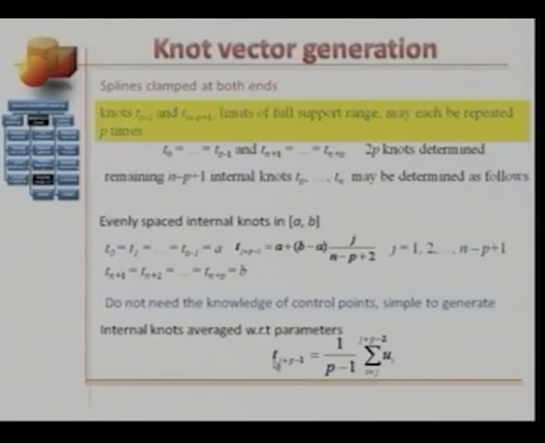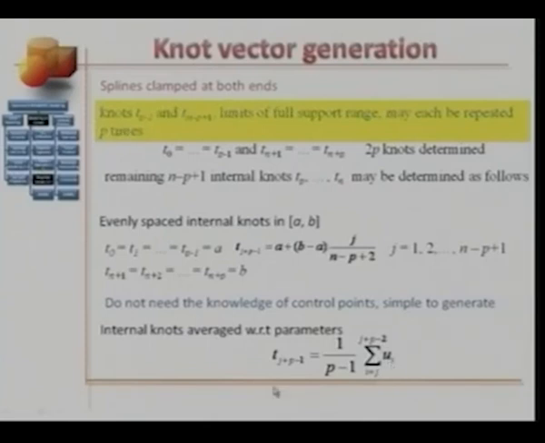So the internal knots T j plus p minus 1 can be equal to 1 over p minus 1 summation i going from j to j plus p minus 2 of u sub i. These are the parameters we have extracted via the chord length or centripetal parameterization.